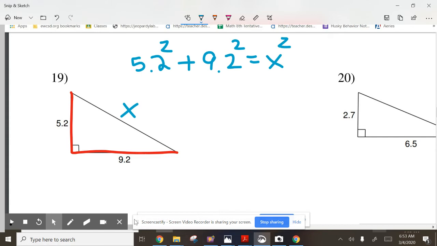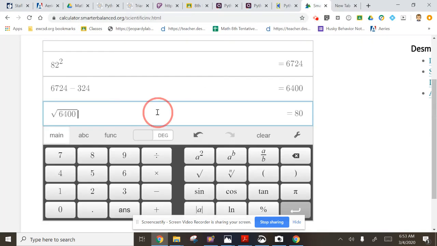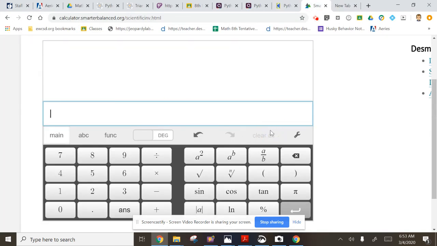And we get to use our calculators. This one's all in a nice little row, so we can put all of that in our calculator. I believe it was 5.2 and 9.2? 5.2 squared plus 9.2 squared equals 111.68.